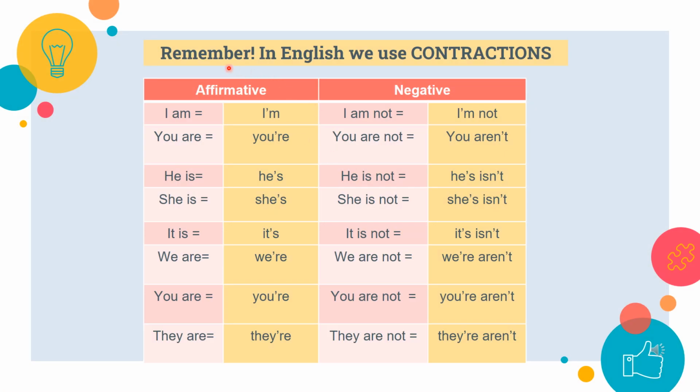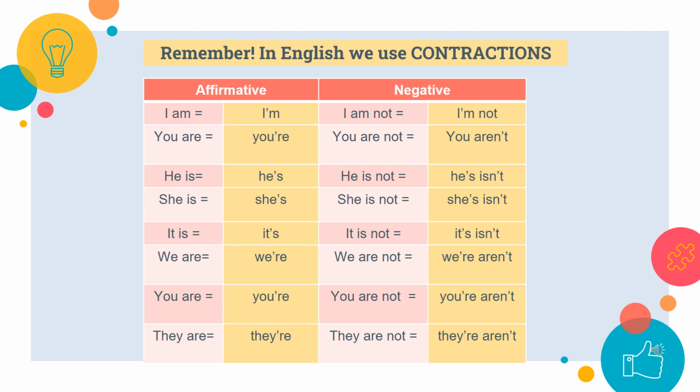Contractions. In English, we use contractions, and you can see here the examples. Here we have the affirmative column, and here we have the negative column. Here, I am a student. The contraction form for I am is I'm.